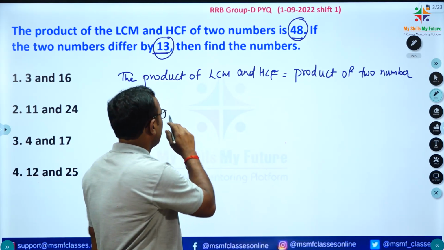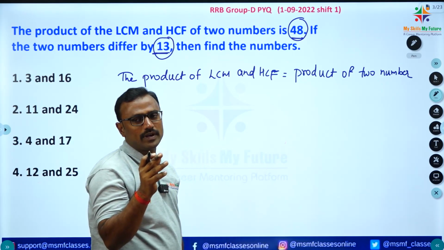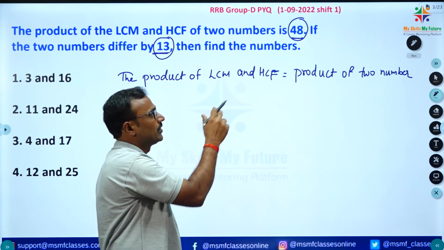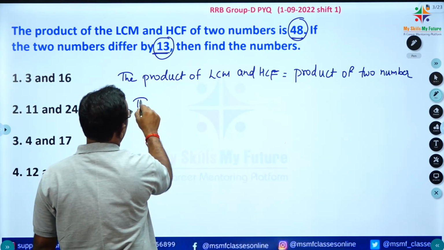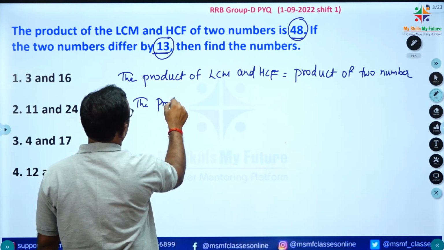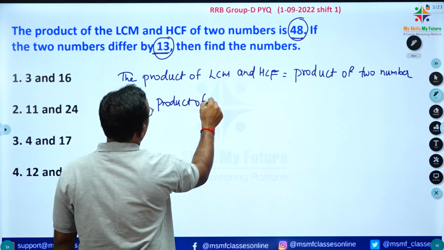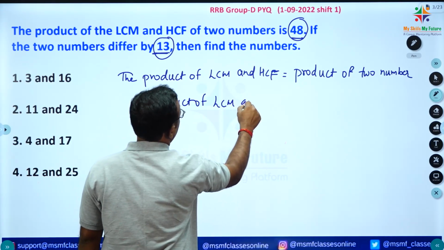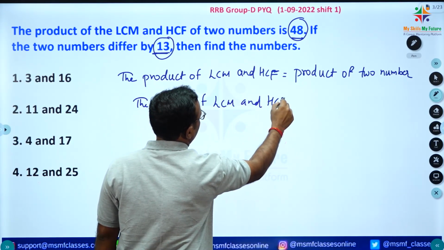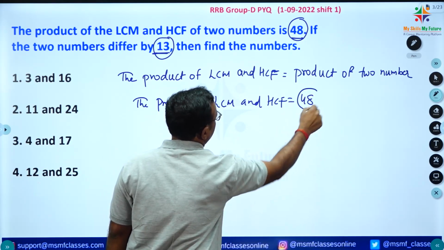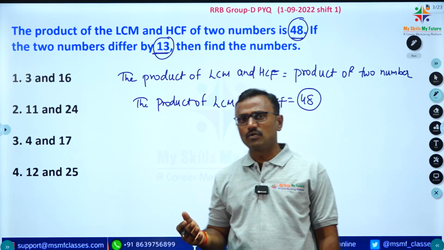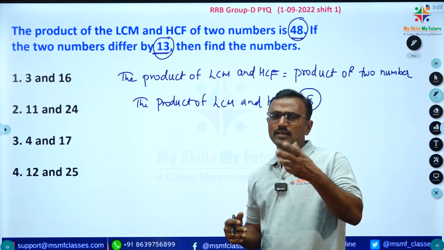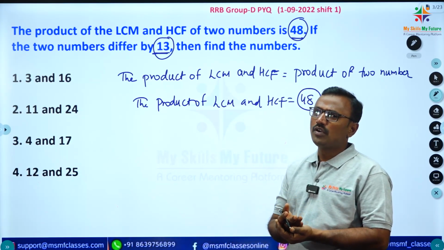The product of LCM and HCF of two numbers is equal to the product of the two numbers. The product of LCM and HCF is equal to 48. Then the product of the two numbers is equal to 48.